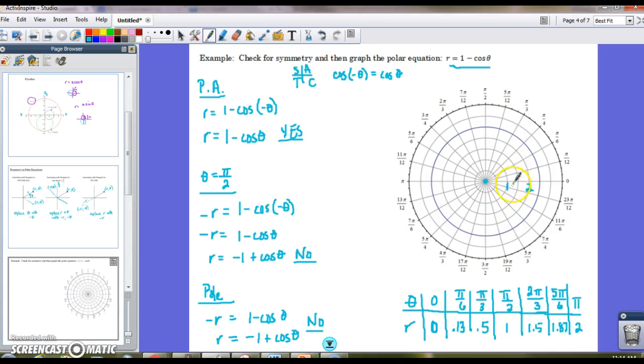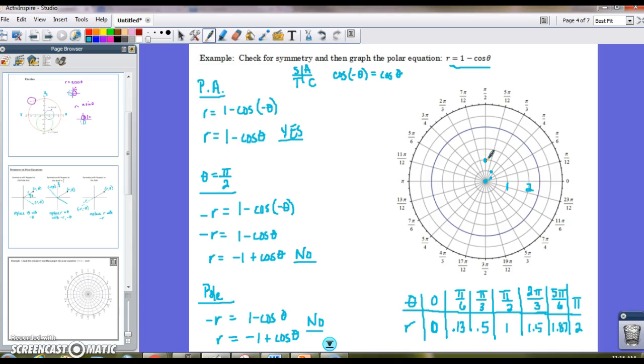Okay, so when theta is 0, r is 0. When theta is pi over 6, pi over 6 is here. I'm at 0.13, so I'm somewhere right around here. A small little point in there. At pi over 3, I'm at 0.5. At pi over 2, I'm out here at 1.